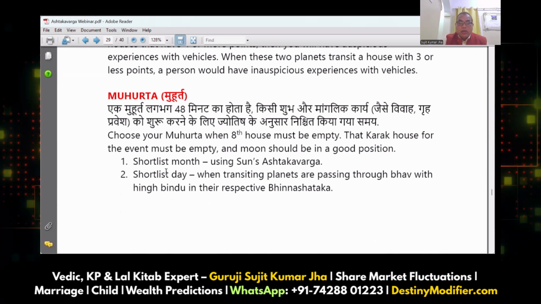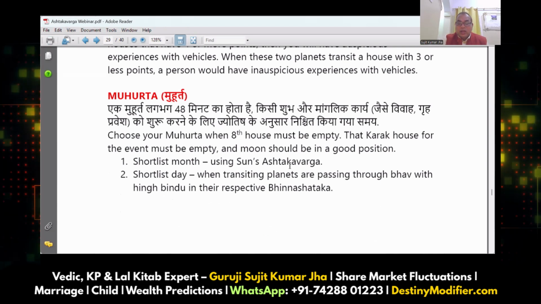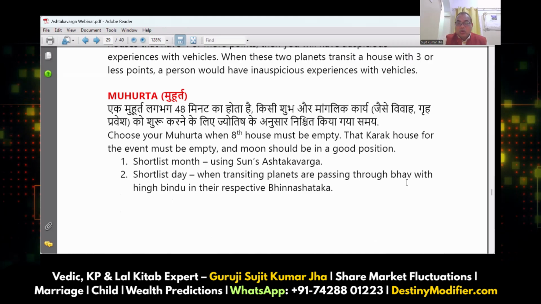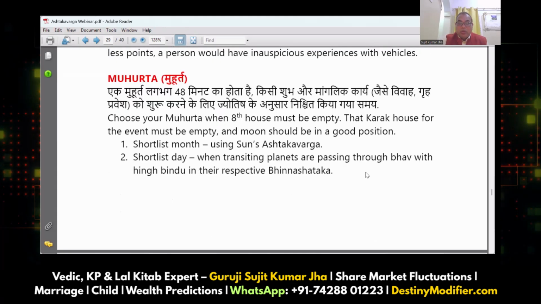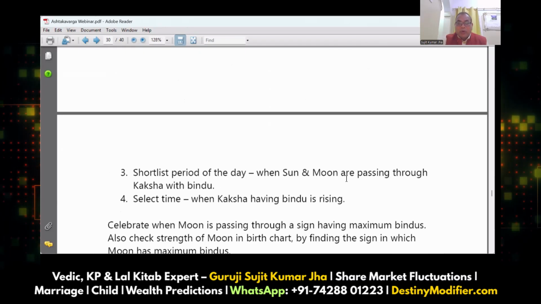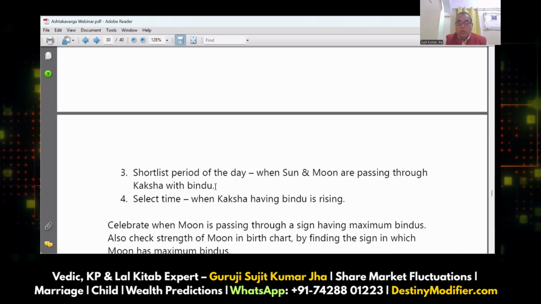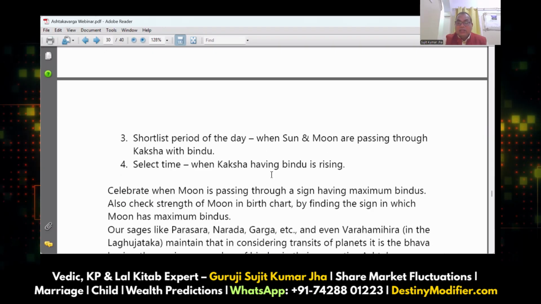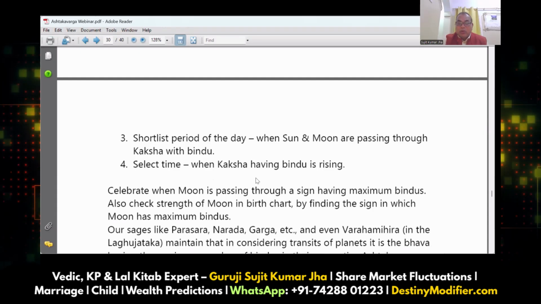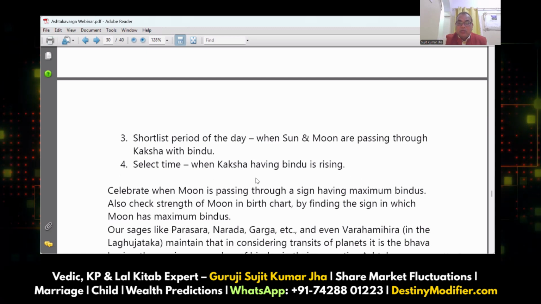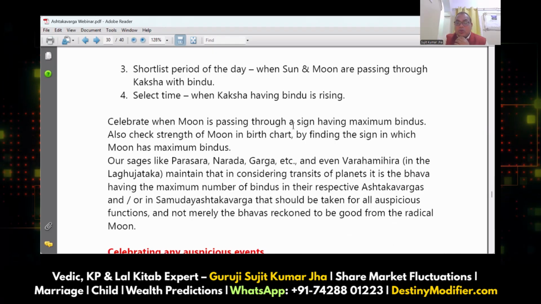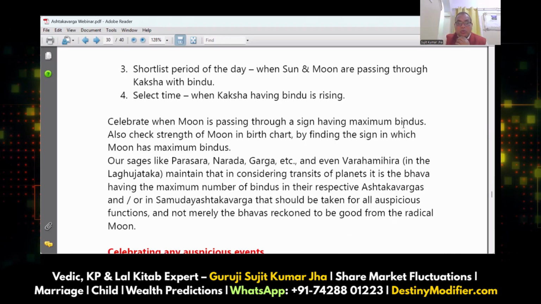For this, we first shortlist using the Sun Ashtakavarga, then shortlist the day when transit planets are passing through a bhav having high bindu, then shortlist the period of the day when the Sun and Moon are passing through a kaksha with bindu, then select the time when the rising sign is right. At that time, the kaksha bindu gives points, and that time we use. So celebrate when the Moon is passing through a sign having maximum bindu.